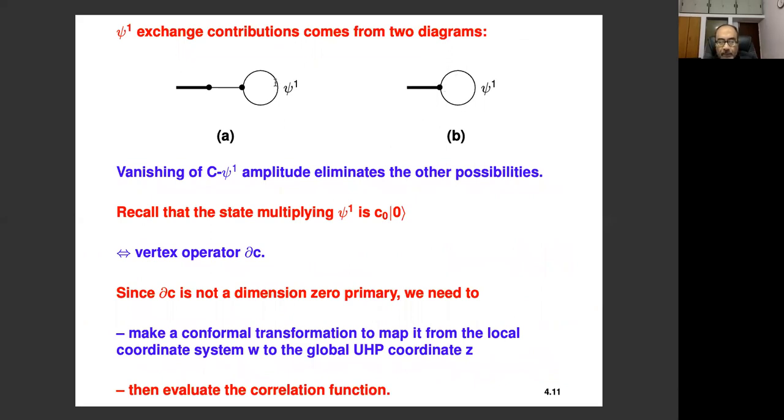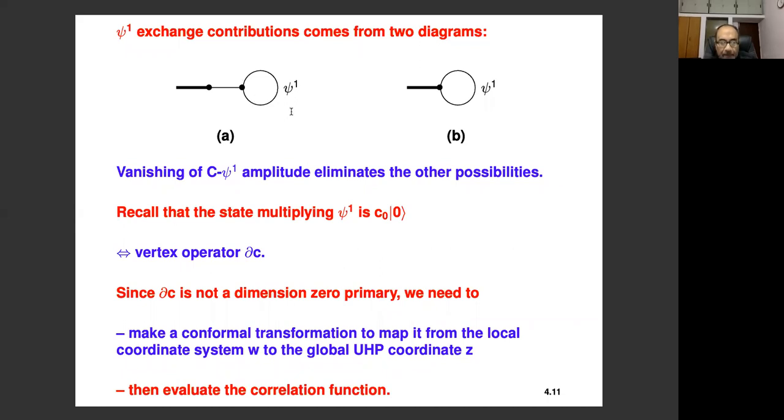The calculation of this is more or less straightforward. The psi1 propagator we had already determined yesterday. It's minus half. So you have to calculate this diagram. We forget about this loop over here and first calculate this diagram. It corresponds to 1 external open string, 1 external closed string, and 2 open strings, so there's a CO amplitude.